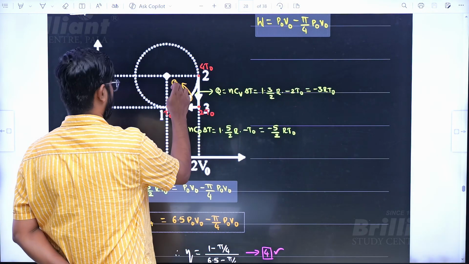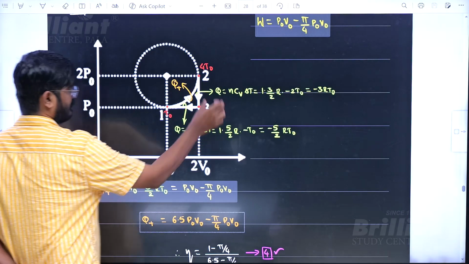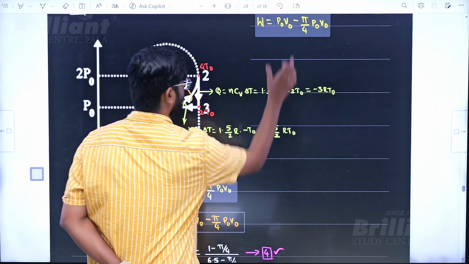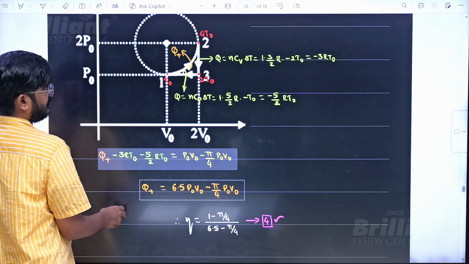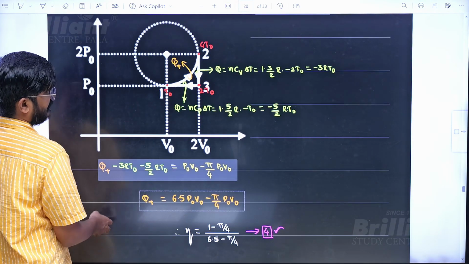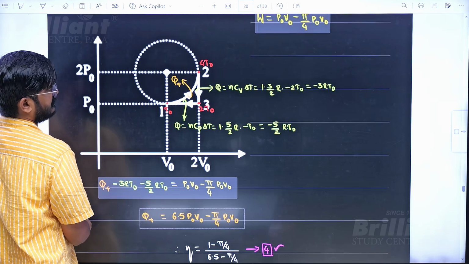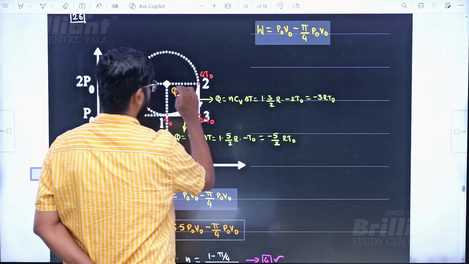From there, I can find this Q value. The summation of these, this and this, should be equal to that. From there, I will get the heat taken by the gas or heat given to the gas. Then by definition, efficiency is this by this ratio.